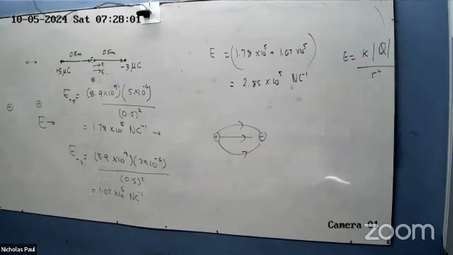Two point charges, 1 microcoulomb and 2 microcoulombs, are placed 2 meters apart.